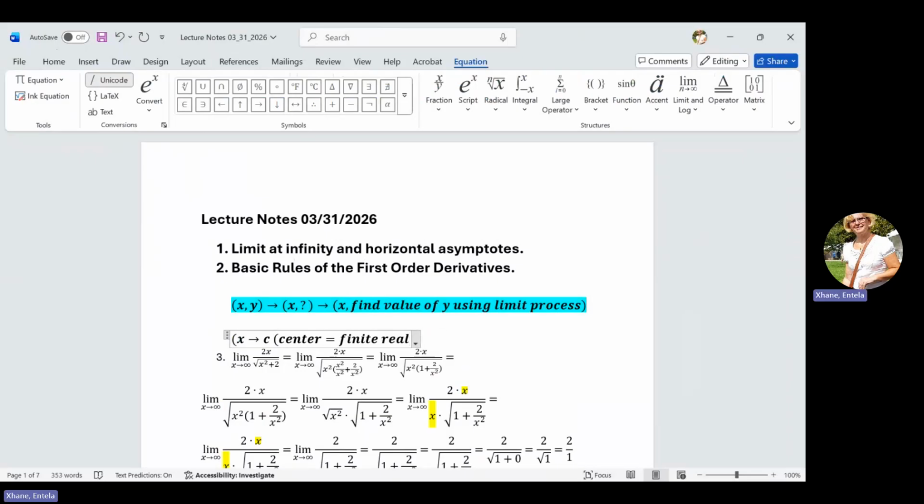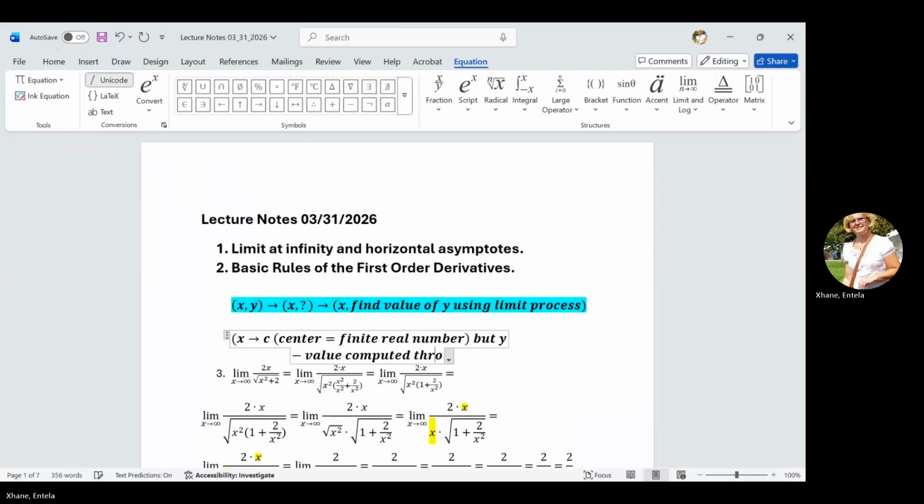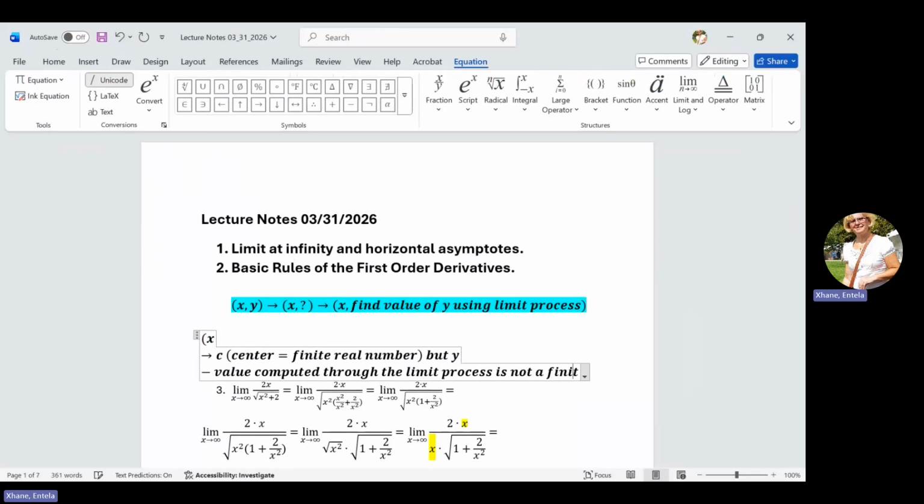When I say finite real number, it is well defined. But the y value computed through the limit process is not a finite number.